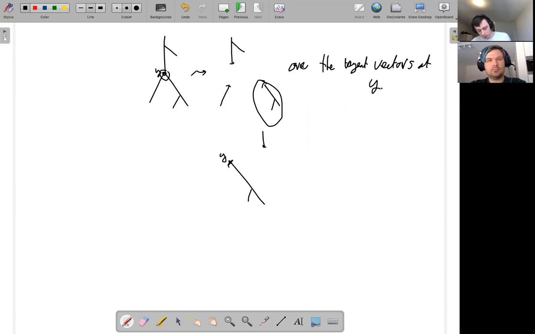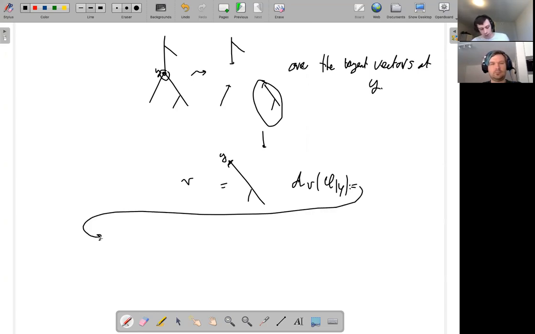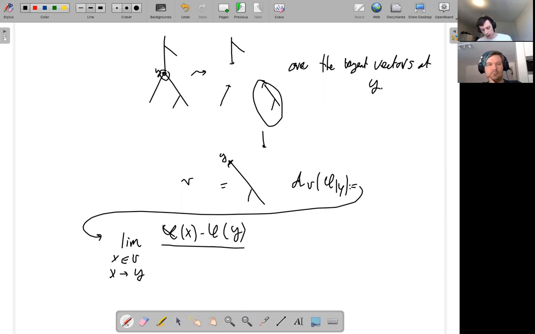If this is our point v, if we take the directional derivative of something in the direction of v, then this is by definition the limit over the points x in this tangent direction, so that x approaches y, of phi(x) minus phi(y) over a(x) minus a(y).